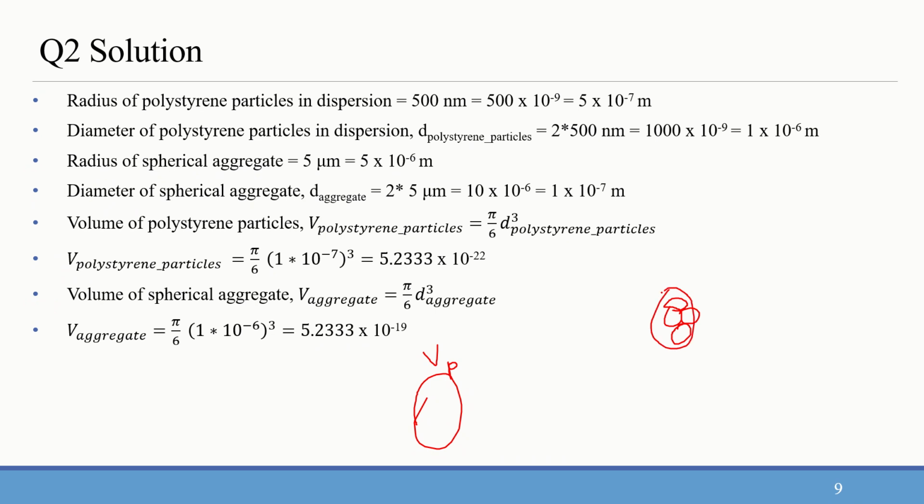So the volume of a single particle into the number of particles will give us the volume of aggregate into packing density. That is the formula.